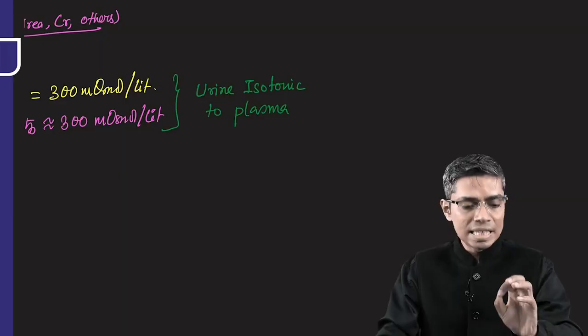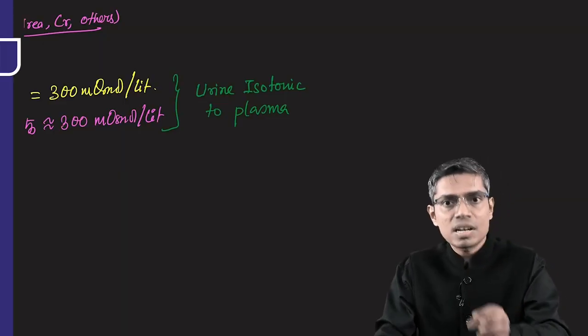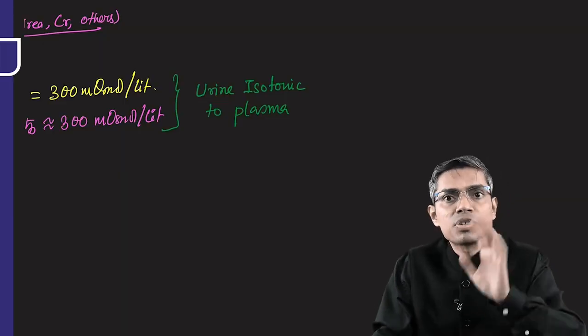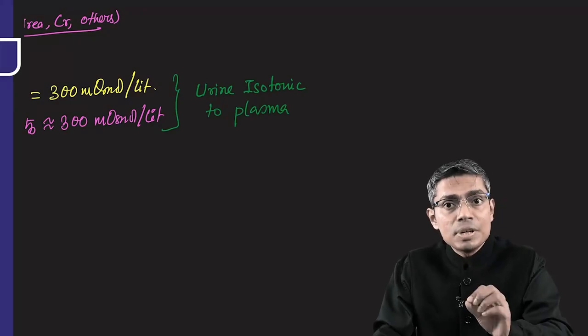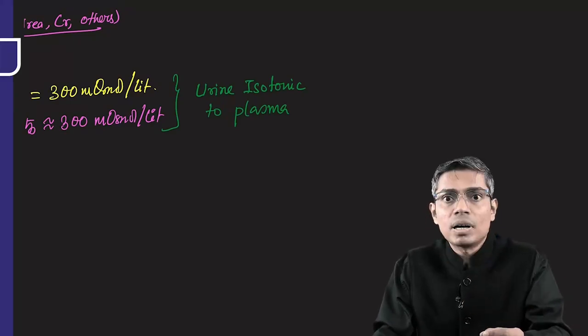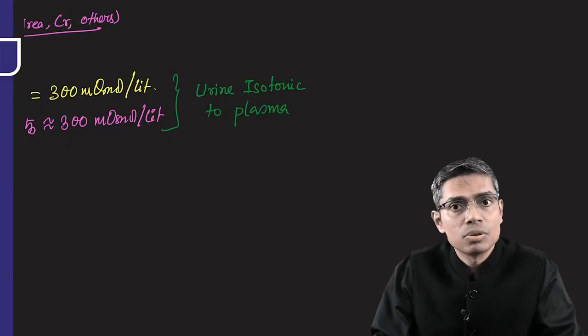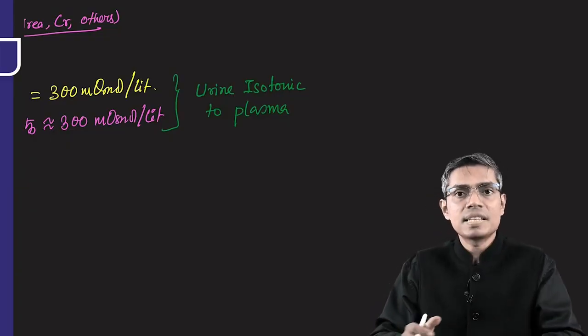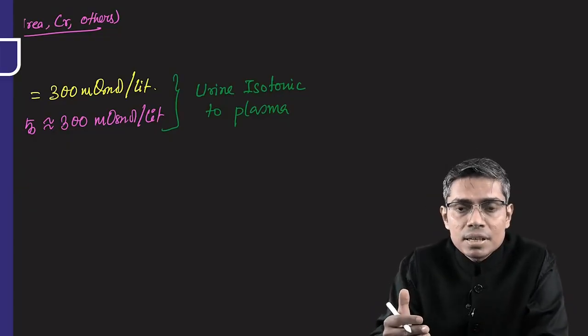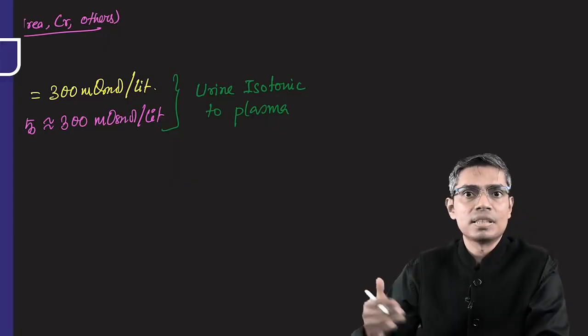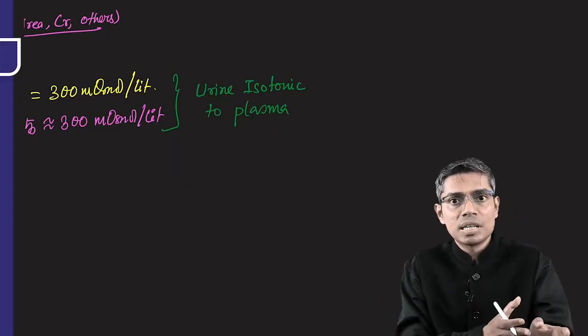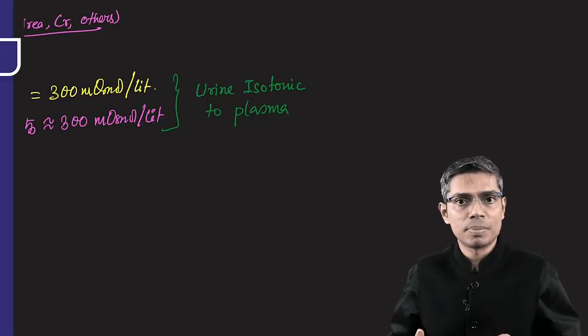Do you think that urine is excreting extra water for excretion of the waste product from the body? Do you think the urine is excreting less water from your body for excretion of the waste product? Answer is no. Neither is it excreting extra water in the urine, nor is it excreting less water in the urine, because the osmolality of the urine is equal to the osmolality of the plasma.